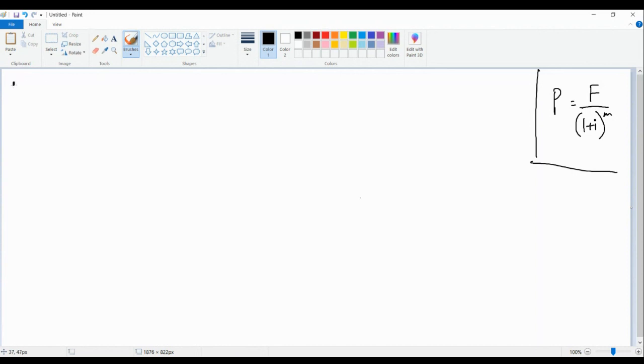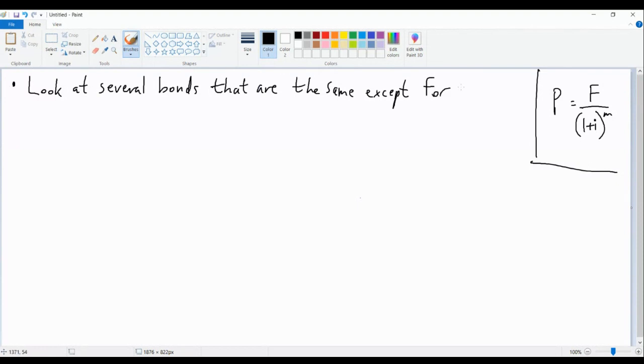So to do that, we need an example where we look at several different bonds that are the same in all ways, except for the maturity.